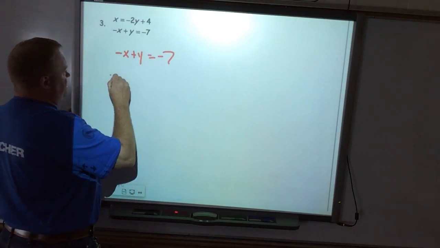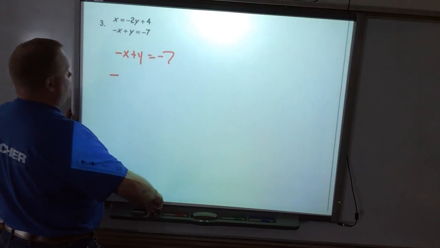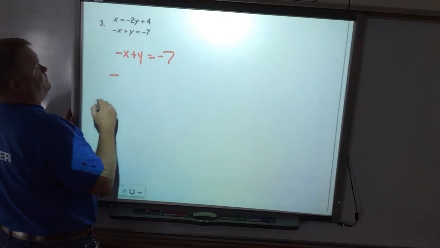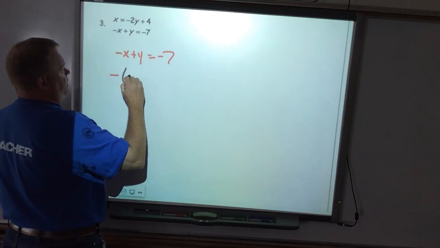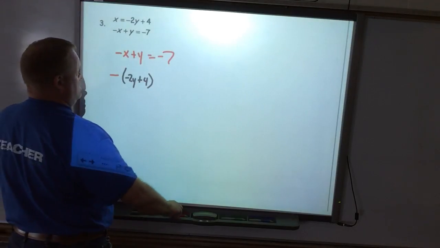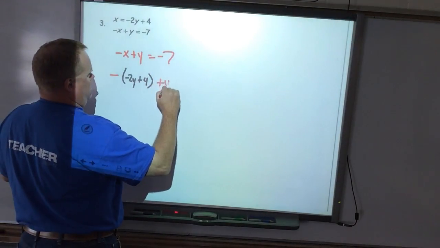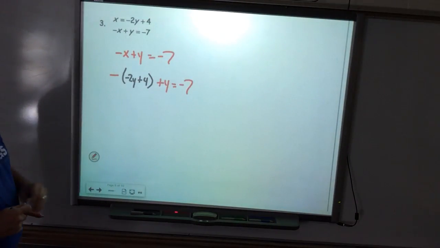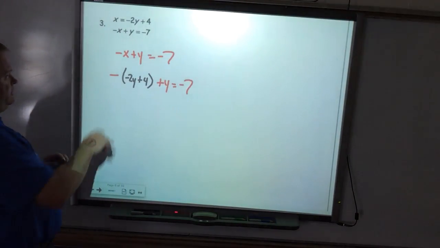Well, I know I have a negative. I want to plug in the value for x, which is negative 2y plus 4. I'm going to plug it in: negative, open parenthesis, 2y plus 4. Well, I still have the plus y and equals negative 7 there. But now I'm going to distribute this negative.